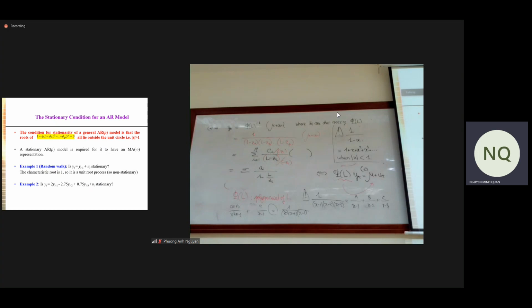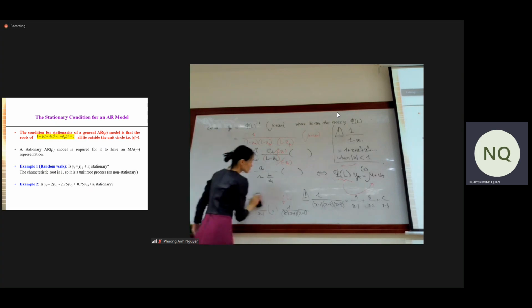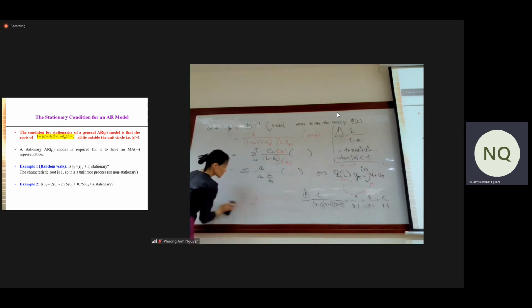I think it could work like this already. Then again, multiply with something here, because I want to see the infinite sum. Next I want to see the infinite sum.